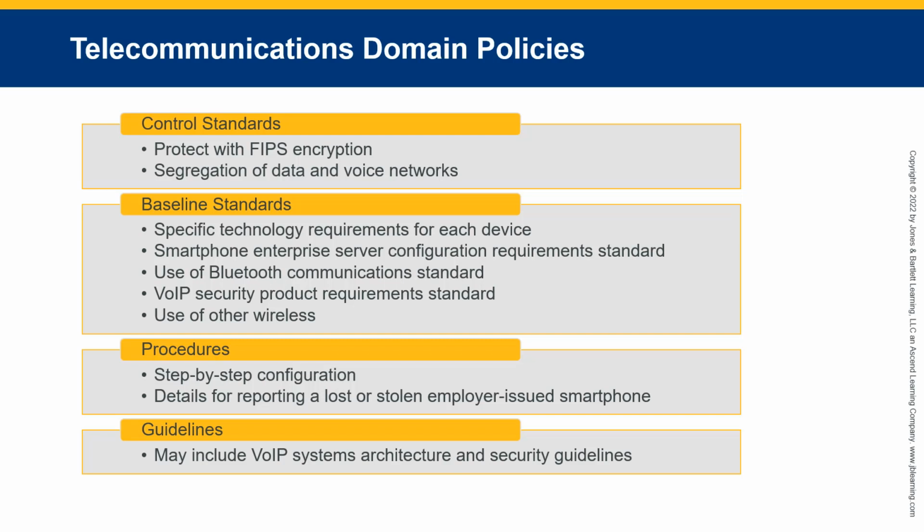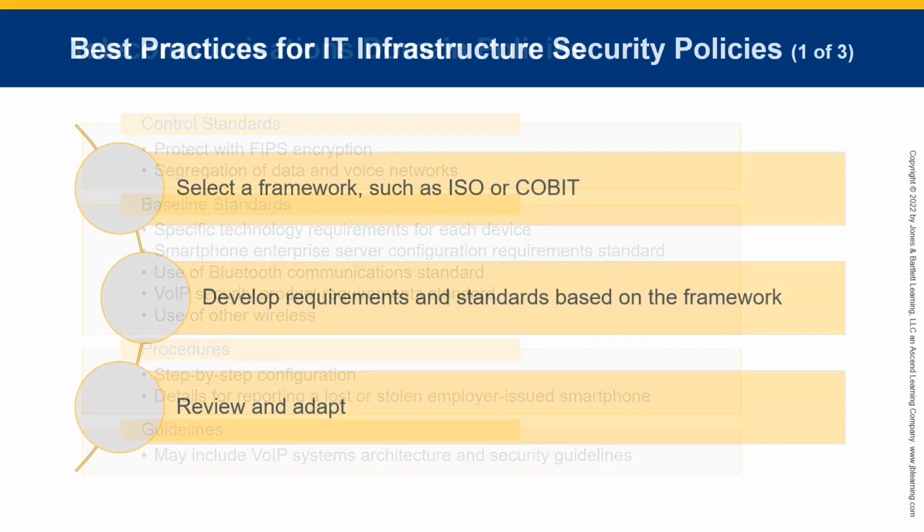Use of Bluetooth communication standards and the use of other wireless. Procedures are step-by-step configurations, with details for reporting a lost or stolen employer-issued smartphone, and guidelines may include voice over IP systems architecture and security guidelines.